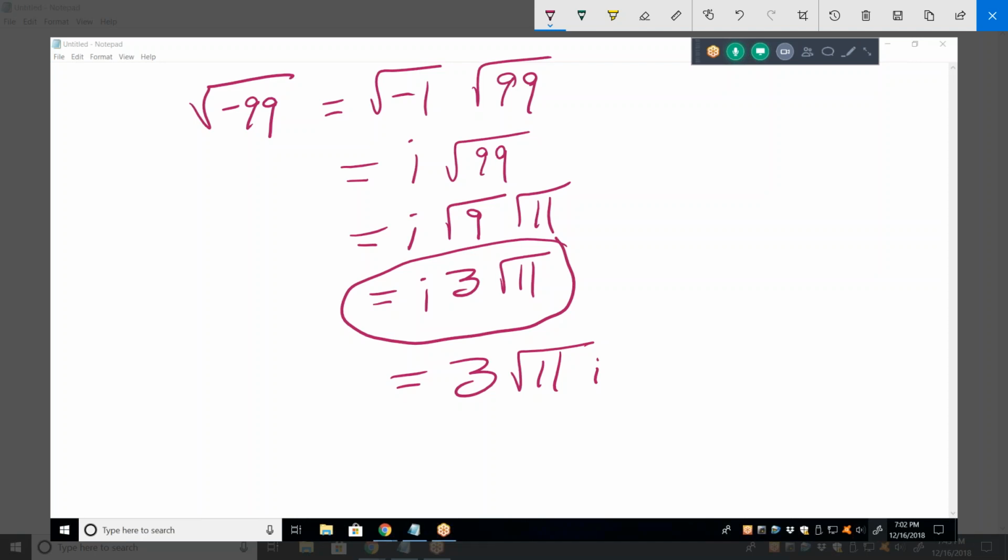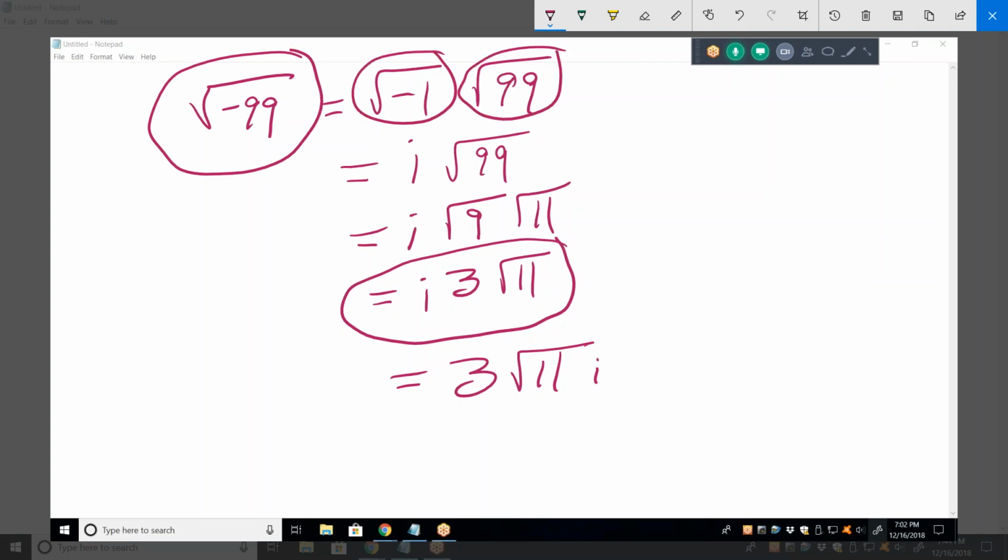This convention where you put the i on the far right can be a little problematic if you don't put it far enough past the radical sign. But whenever you have a negative number, to avoid confusion, pull out the negative one first, then deal with that. That's easy enough to deal with. Whatever the square root of 99 ends up being, it's times i.